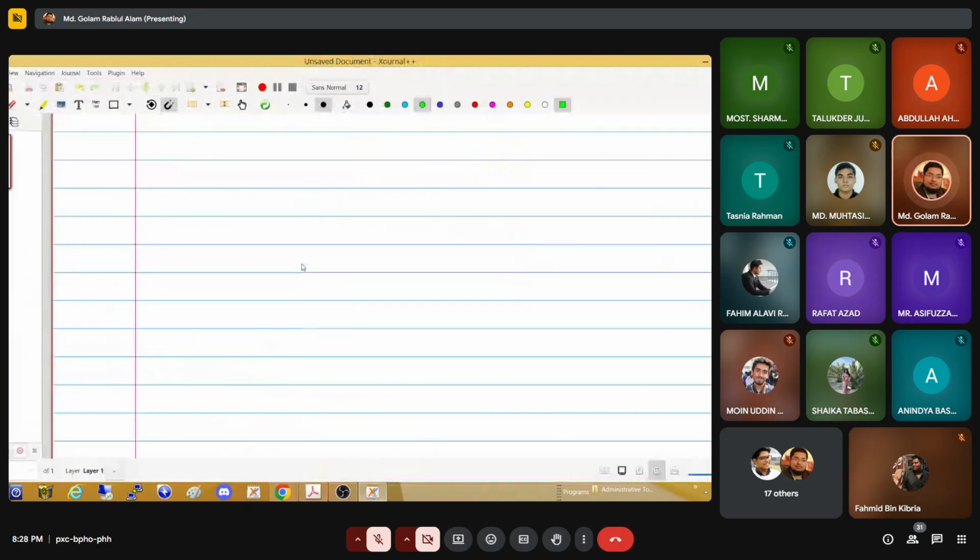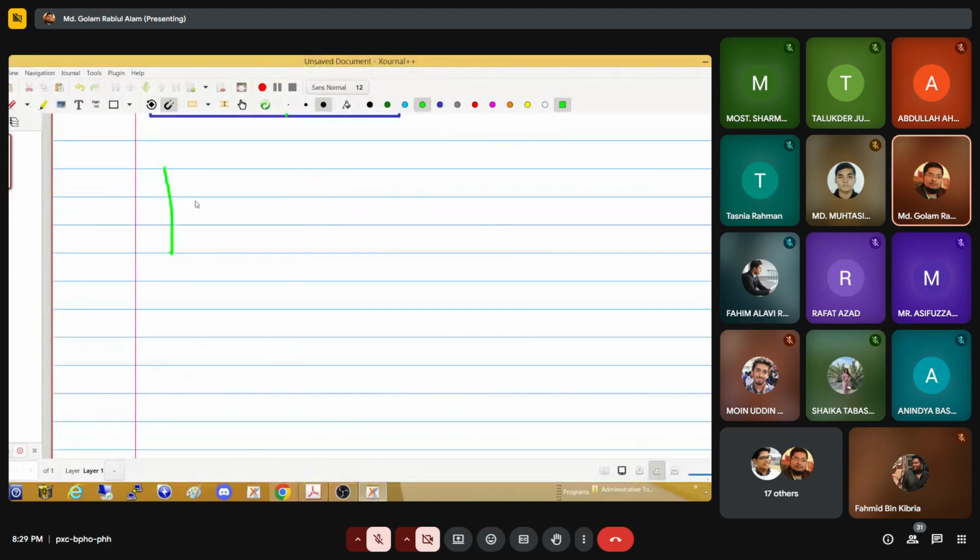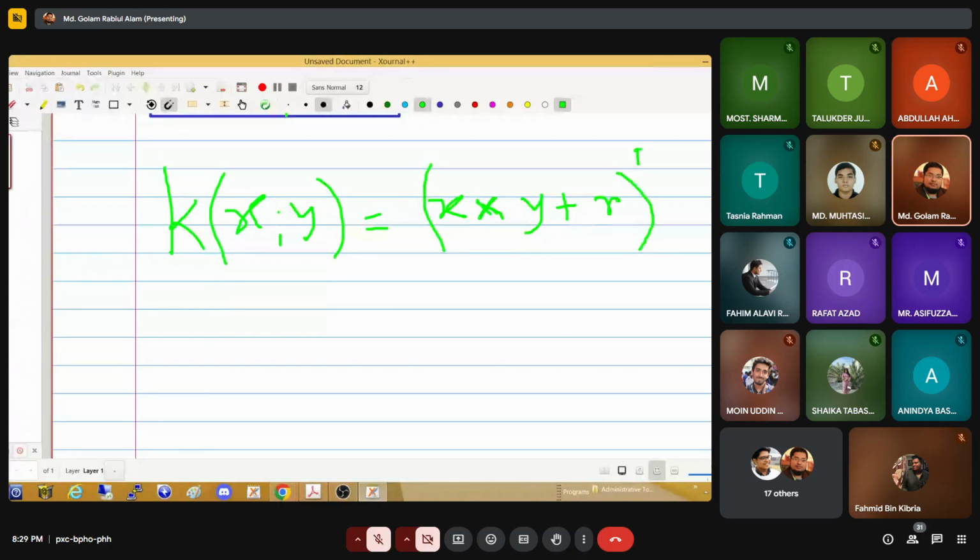Let's say the kernel function we have is for x and y, and the polynomial kernel is actually x, y multiplication plus r, to the power of the degree of the polynomial.